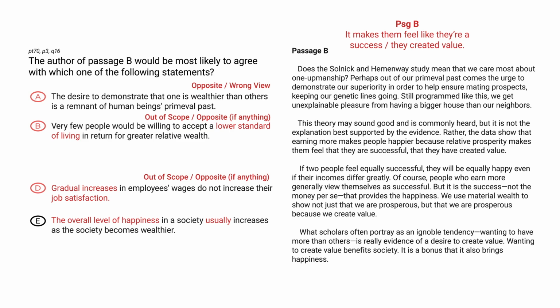So if everybody is getting wealthier, then you're not making more money than your peers. And so there's no reason for you to think, I must be extra valuable. Now I have self-esteem and happiness from that. So we can't really support E. It's a very strong claim, and it sort of goes against the causal gist of what Passage B is saying. We get our happiness from relative prosperity.